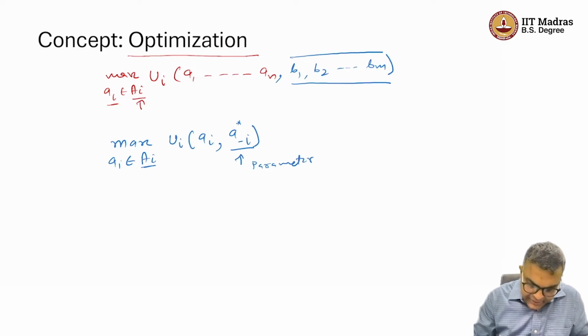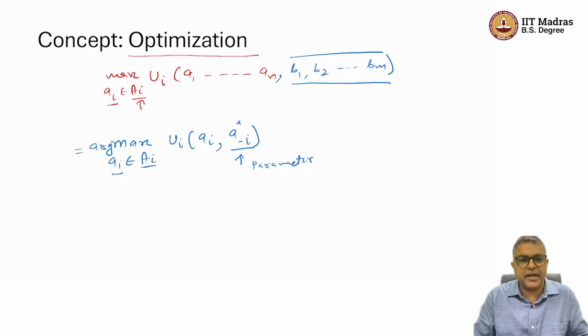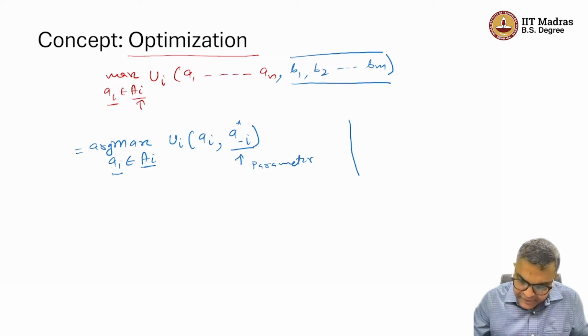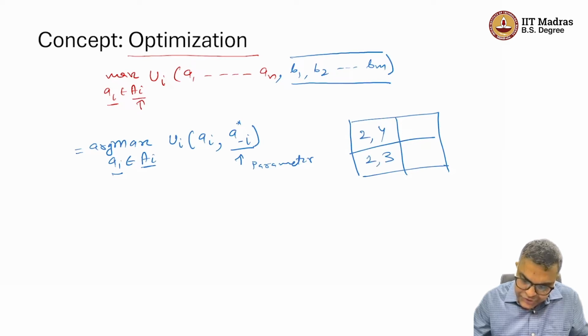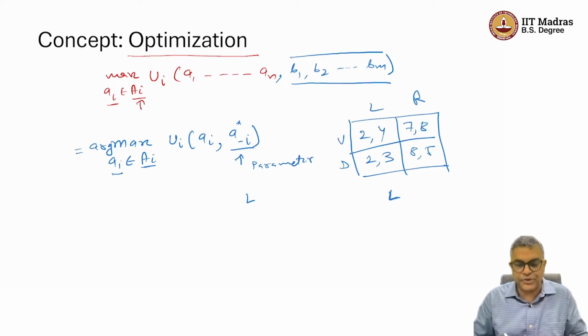So there are two things we should be mindful of. One, if we focus on the argument a_i that is maximizing, it may not be unique. You may get a set of arguments, and let me give you an example here. The payoffs are 2, 4, 2, 3, 7, 8, 8, 5, with up, down, left, right. If player 2 is choosing L, because there are only 2 players, the deleted strategy profile contains only one action from player 2.